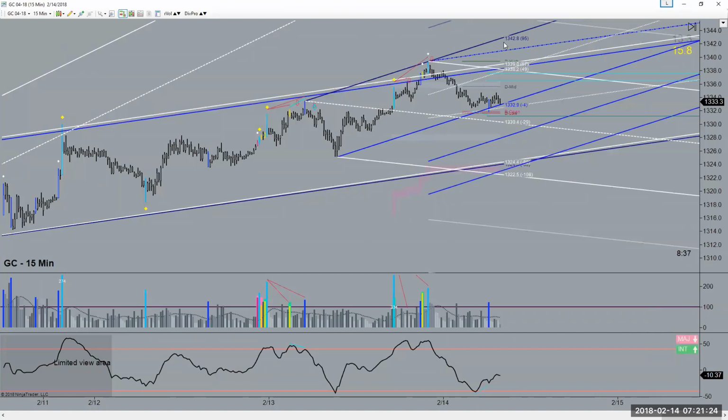If it were to break lower, I'd like that median line there, which would coincide with a trend line. This one here.